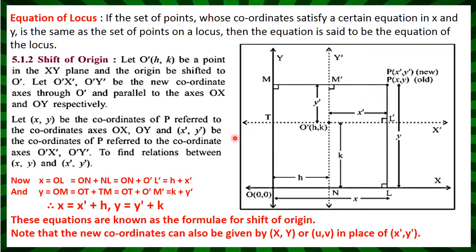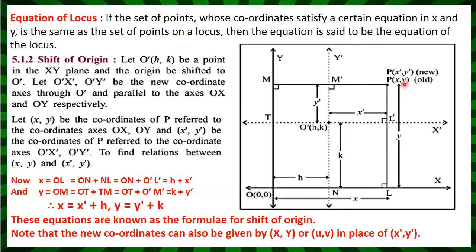So x is the x coordinate of the point with respect to the old origin. So x is equal to OL. OL can be written as ON plus NL, and ON is nothing but h, and NL is x dash. So x equals h plus x dash.